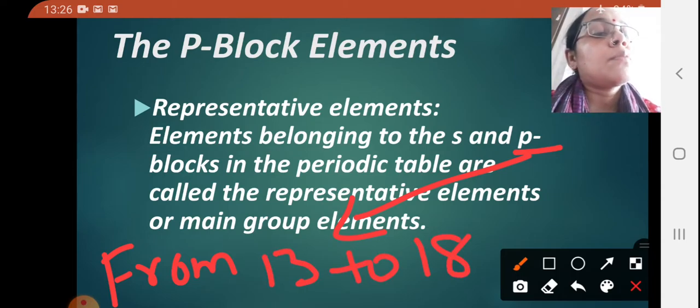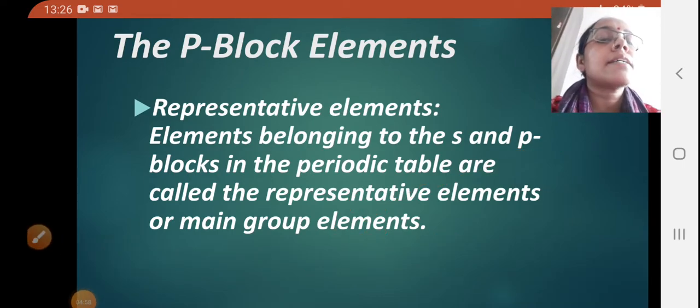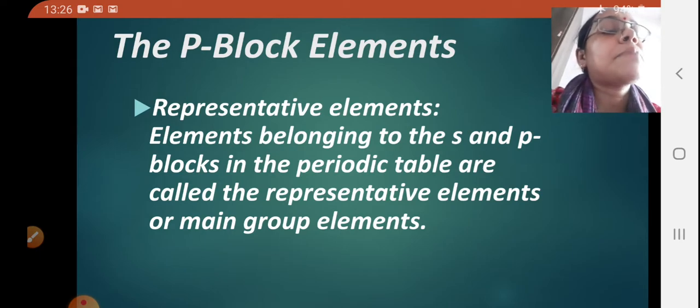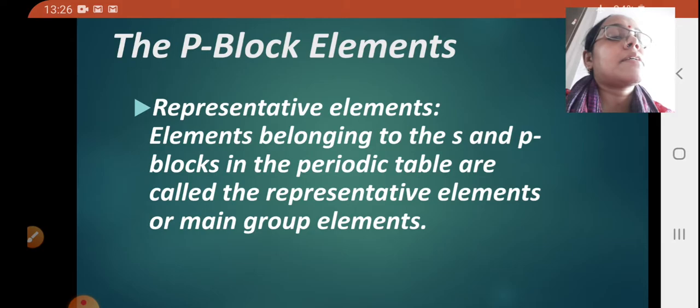So both S block elements and P block elements are considered as representative elements. What are they known as? Representative elements.